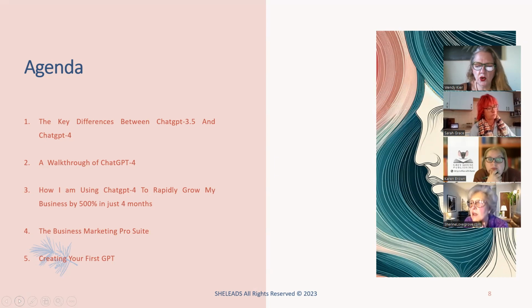Then I'm going to go through how I've increased my business by 500% using ChatGPT as a holistic tool, rather than just focusing on content creation, which is what we predominantly know it for.